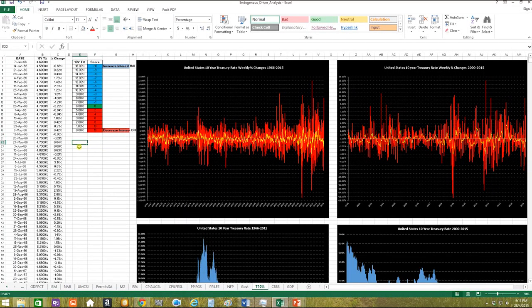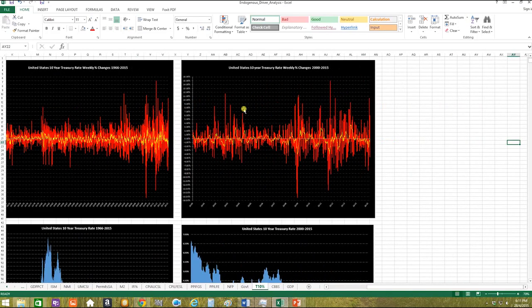One interesting thing to look at, which you can look at in your spare time, is the percentage weekly change of the percentage yield. So it's a percentage of the percentage. We can chart the data going all the way back to 1966. And we can zoom in and have a look at the data in more recent times. And what we've worked out here is actually a 12-week moving average in yellow.